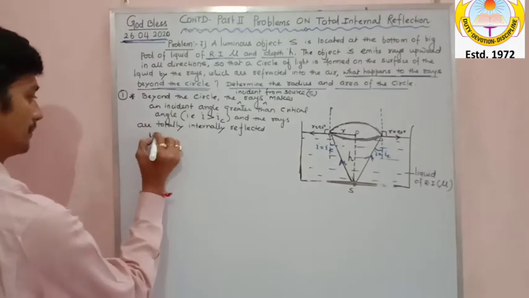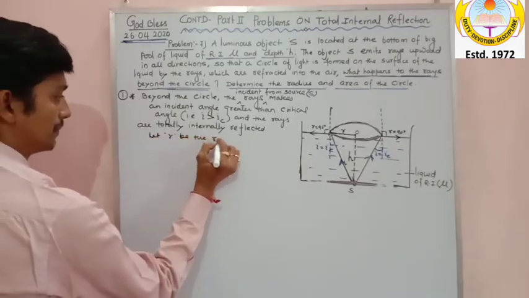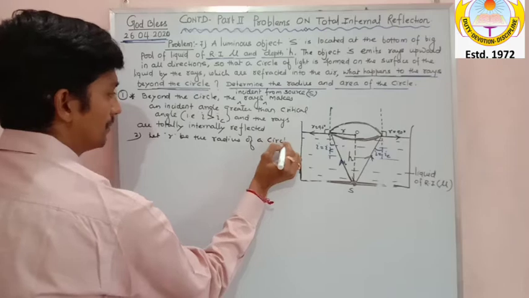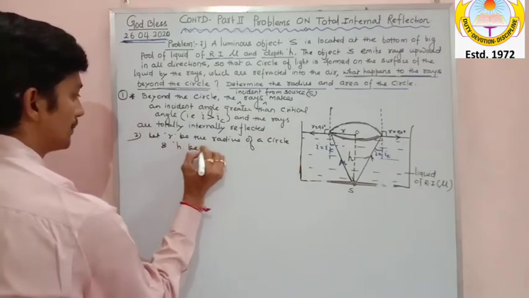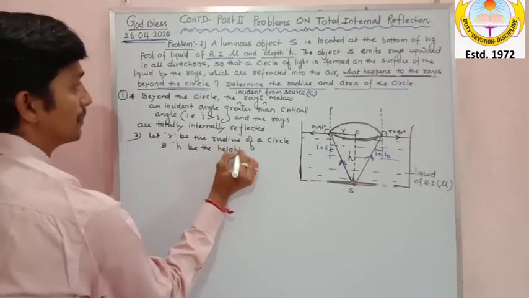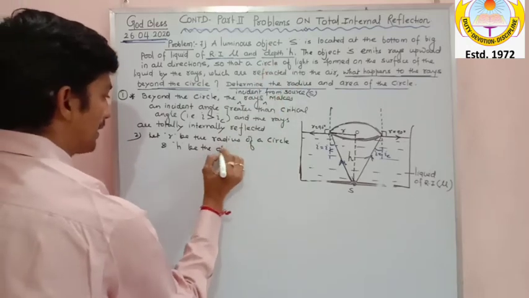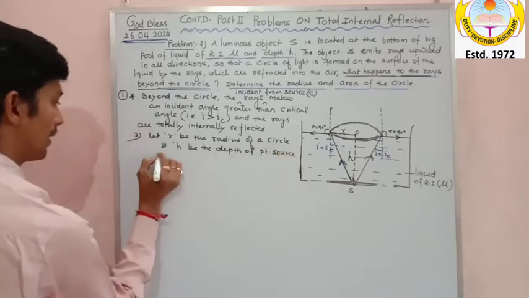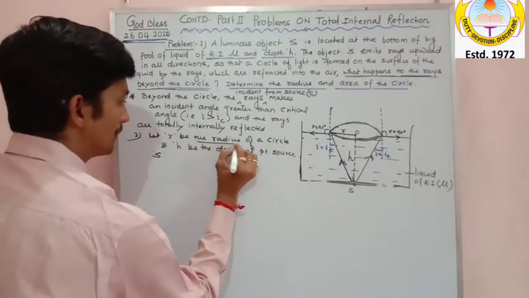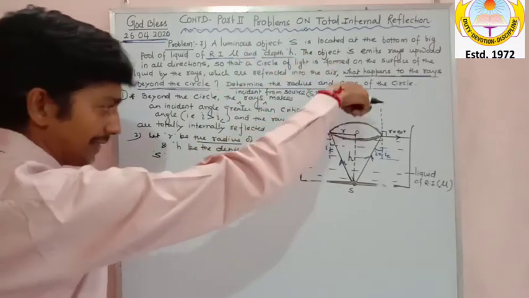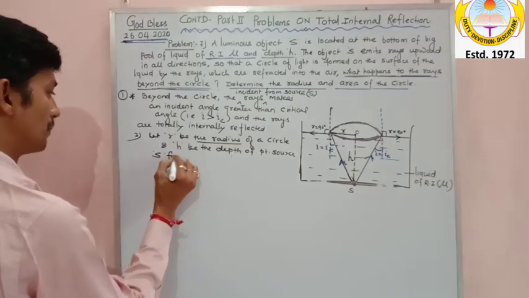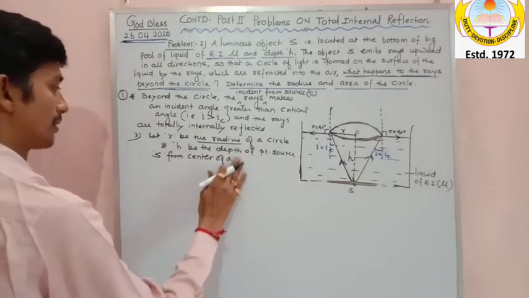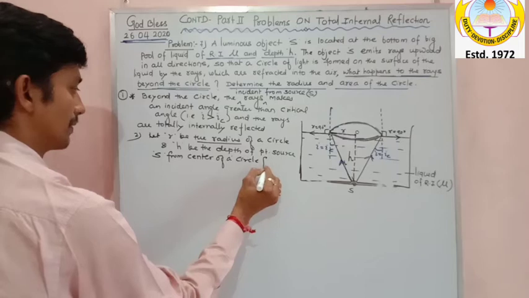So, second part: let r be the radius of a circle and h be the height or the depth of point source S. Let r be the radius of a circle and h be the depth of point source S from the center of the circle, as shown in the figure.